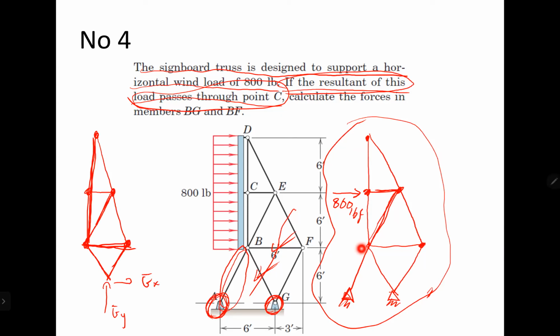Okay, then FAB, instead of replacing A with Ax and Ay, I will replace the member AB with an external force, like this, FAB. Can I do it that way?